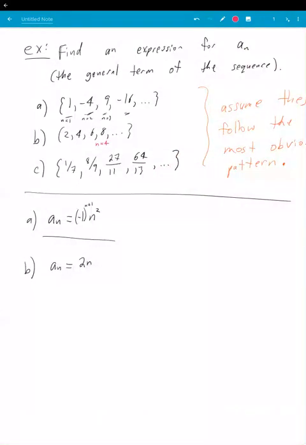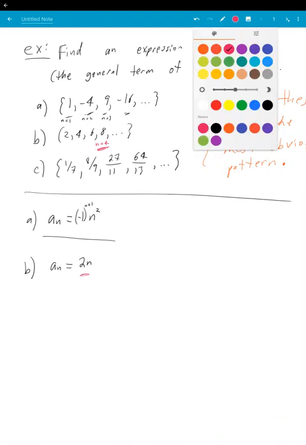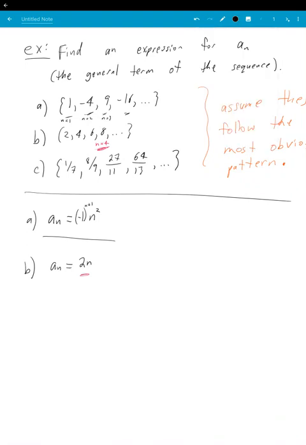Now I ask myself, when I plug n equals 4 into here, do I get 8? And the answer is yes. So I make that little check 2 or 3 times, convince myself that my expression is good.